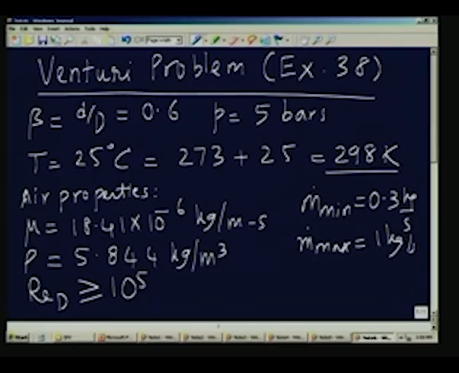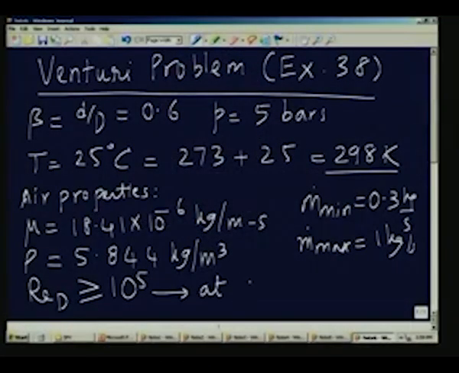Okay. So if the Reynolds number has to be greater than or equal to 10 to the power of 5, this will be at m dot minimum. For the minimum mass flow rate, I must choose the Reynolds number such that it is equal to or greater than 10 to the power of 5. So that will be the limiting value.